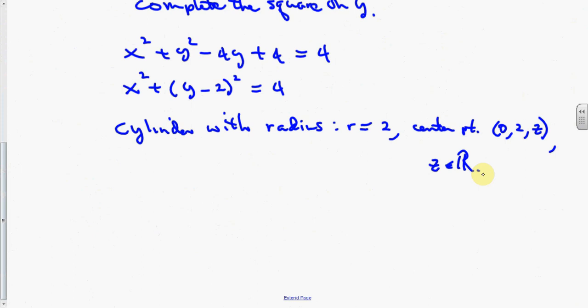If it was just a circle, the center would be (0, 2). But since it's a cylinder, the rulings are with respect to the z-axis. So this guy shifts a little bit on the y-axis.